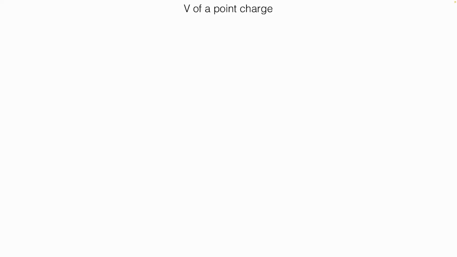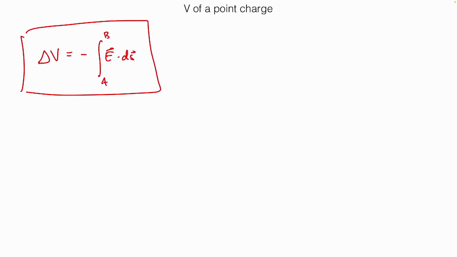Last Wednesday, pretty sure I showed you the master definition for the change in potential as it relates to an electric field. The takeaway from this definition is that with electric potential, we always have to talk about a difference in electric potential between 2 points.